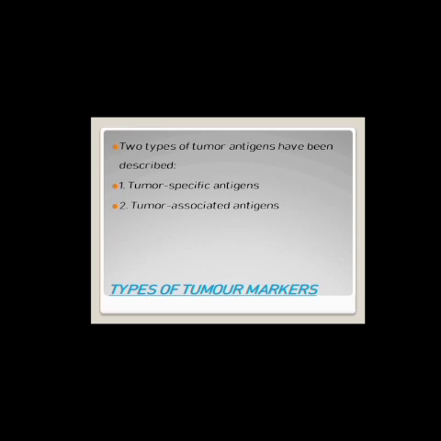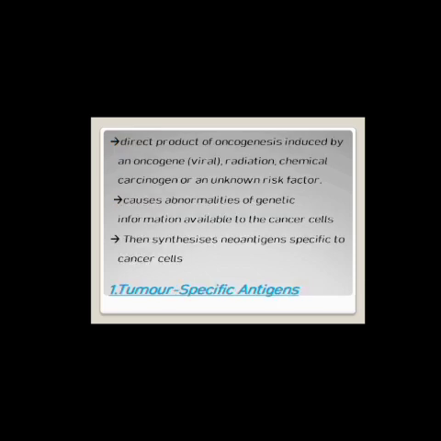Types of tumor marker. There are two types of tumor marker: one is tumor specific antigen and another one is tumor associated antigen. We are going to elaborate on these two topics. First, tumor specific antigens. It may be caused by radiation, chemical carcinogens or unknown risk factors.